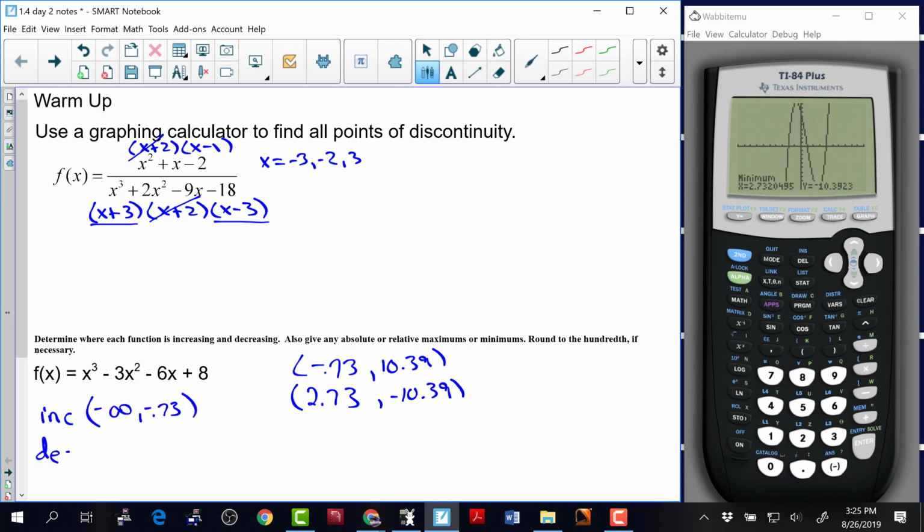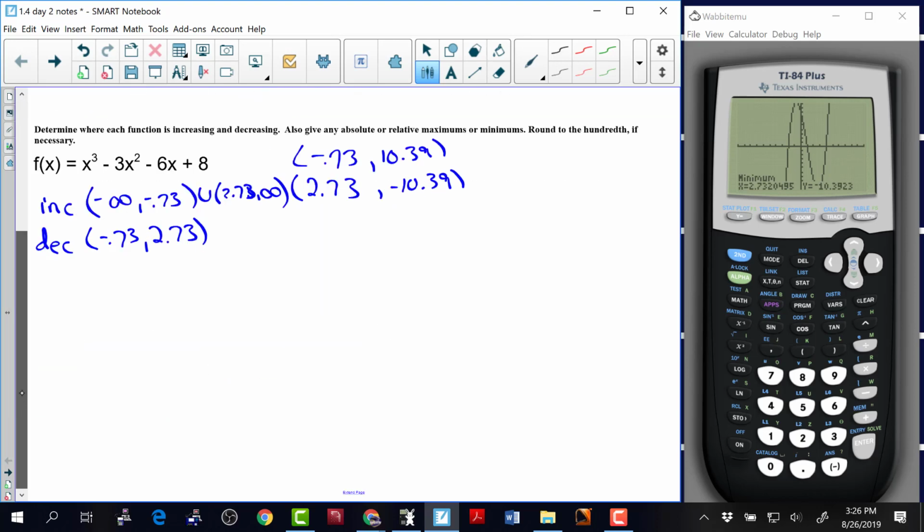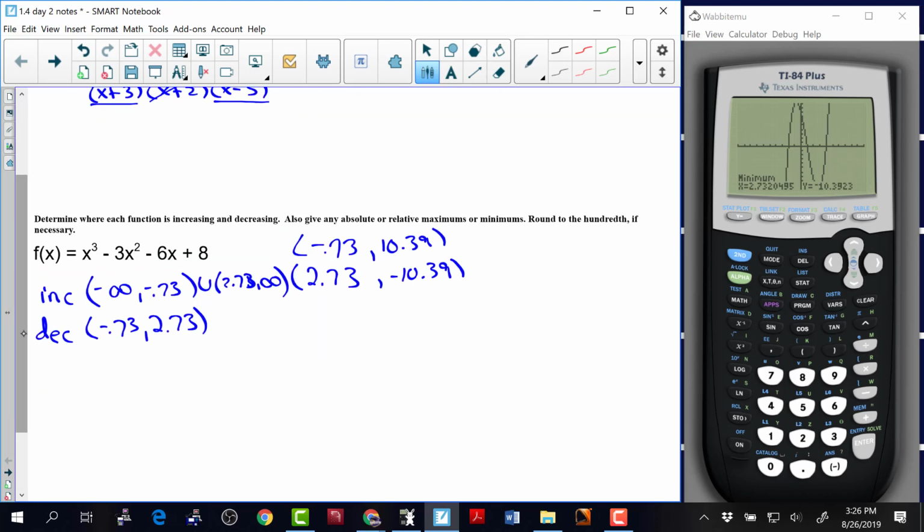Then it decreases from -0.73 to 2.73. And then it increases again from 2.73 to infinity. So that's increasing, decreasing. Also give any absolute or relative maximum. We have a local or relative, same thing.